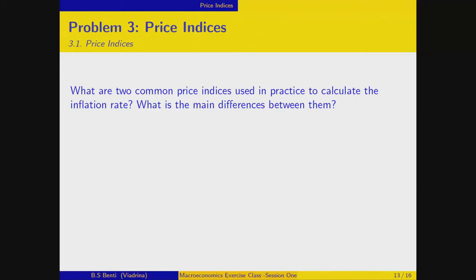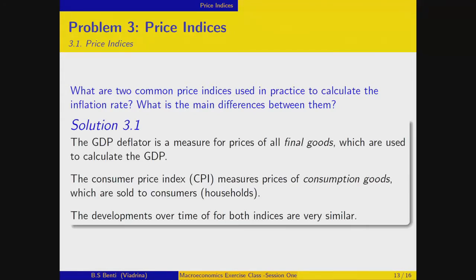The next exercise of session 1 is price indices. The question says, what are 2 common price indices used in practice to calculate the inflation rate? What is the main difference between them? The 2 common price indices used in economics to calculate inflation rate are the GDP deflator and the consumer price index.